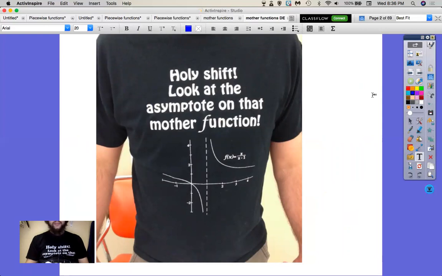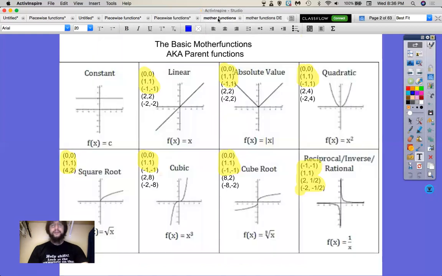Holy shift, look at the asymptote on that mother function. Yeah, the reciprocal mother function, he's got some stuff to deal with. But it's fun. It's just a fun shirt. I like it. My wife got it for me for my birthday a few years ago.